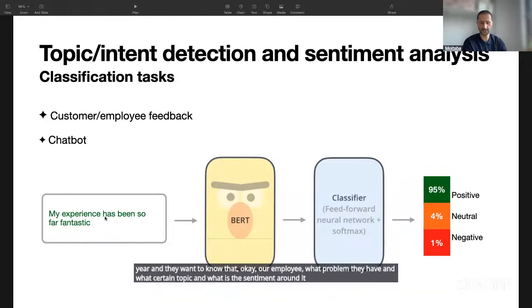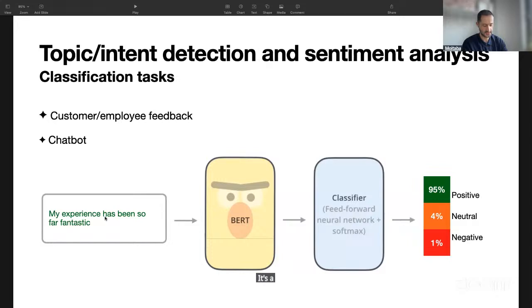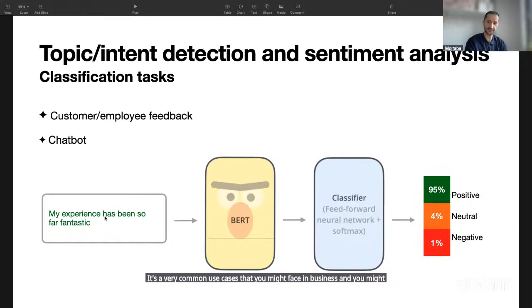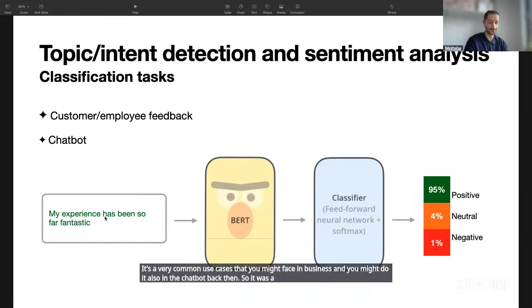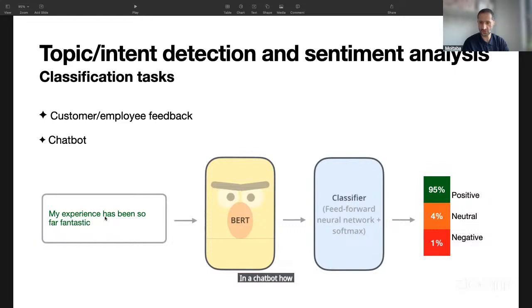It's a very common use case that you might face in business, and you might also do it in a chatbot. Back then, we are talking about before LLMs, the question was how to detect the intent of a customer in a chatbot.